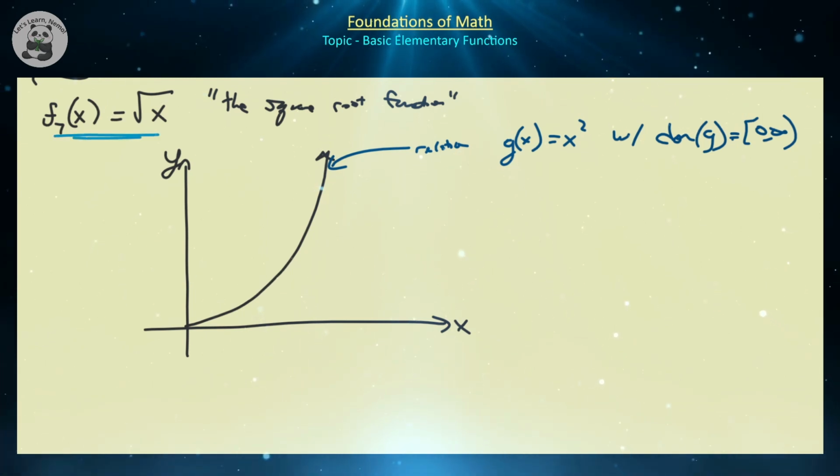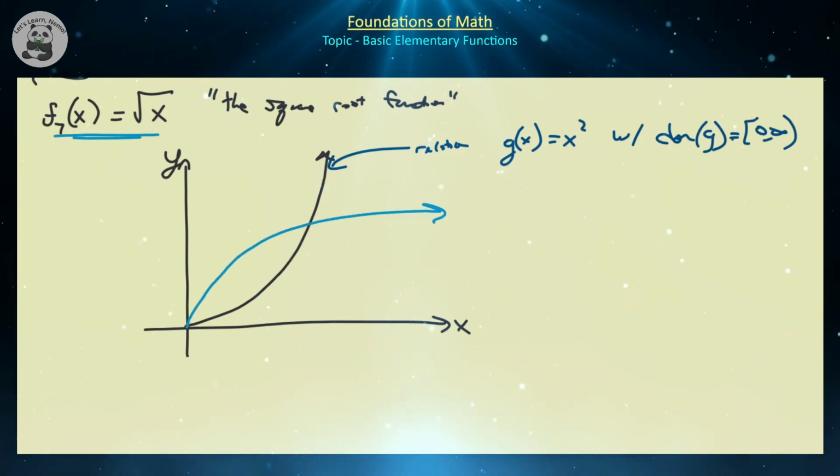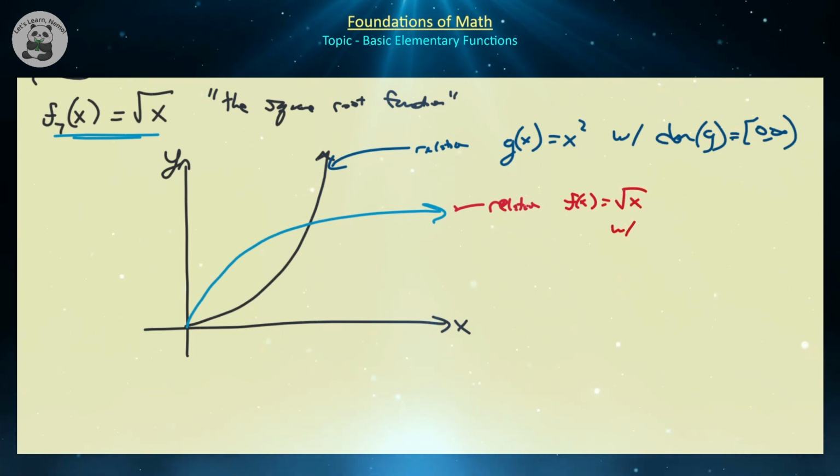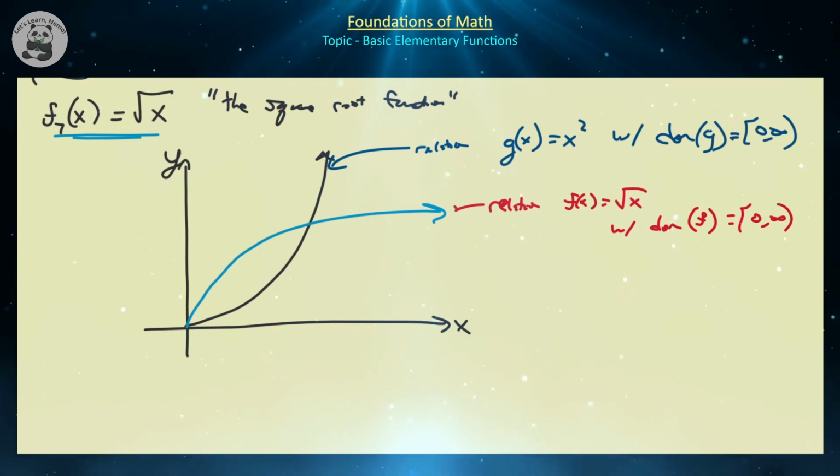This curve, the square root function, is going to be this one. So this is the relation f of x is equal to the square root of x, with the domain of f also being 0 to infinity, and the range also 0 to infinity. It just doesn't grow as fast. And this is the line y is equal to x.